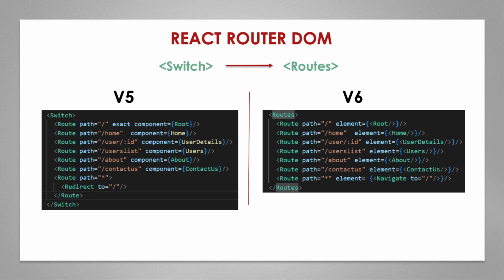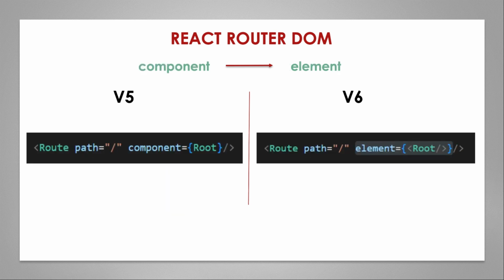So we replaced switch with routes. And every route used to have component, but this time in version 6 we used element, and component just used to have the name of the component that needs to be rendered when that route is triggered. But in version 6, element will have the route tag instead of just the name of the component.